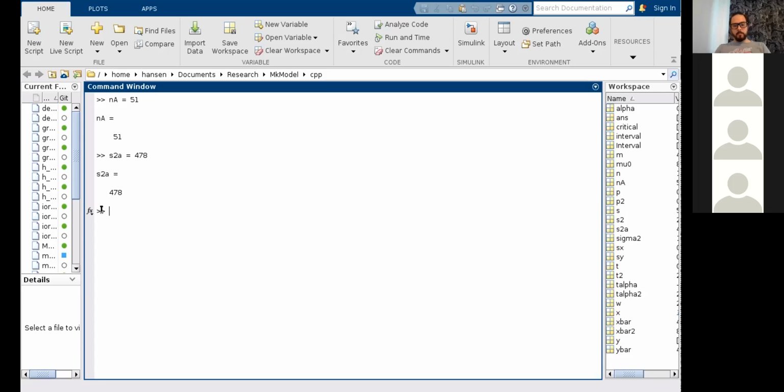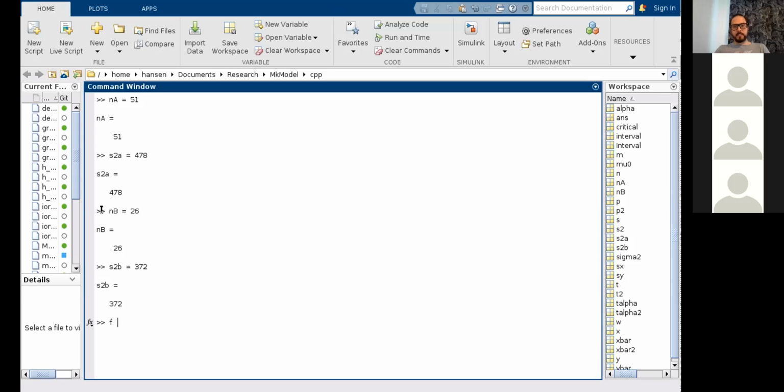Another course, NB, maybe the Finnish version of this course, or maybe the English version, has the same exam, 26 students, and S2B is 372. Is it reasonable to assume that the variances are different?